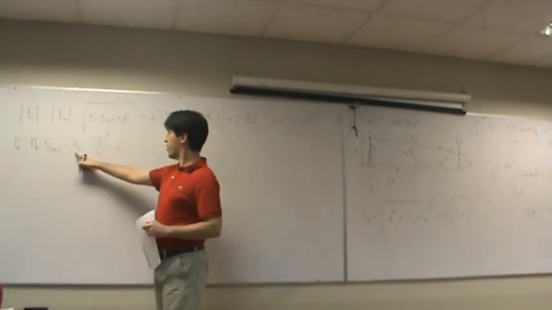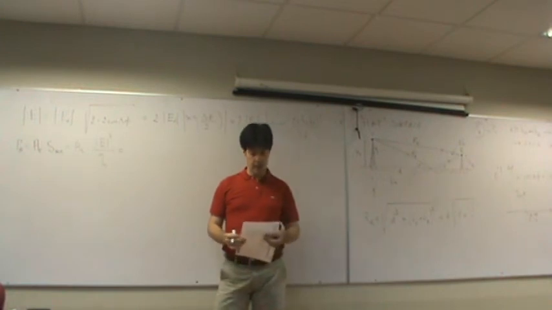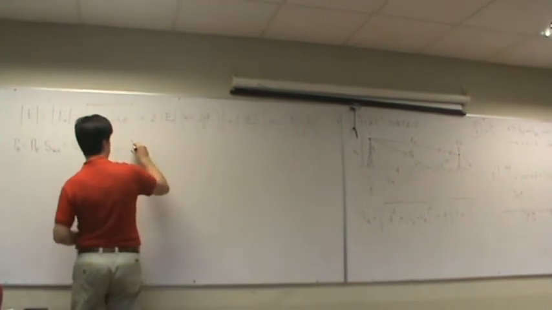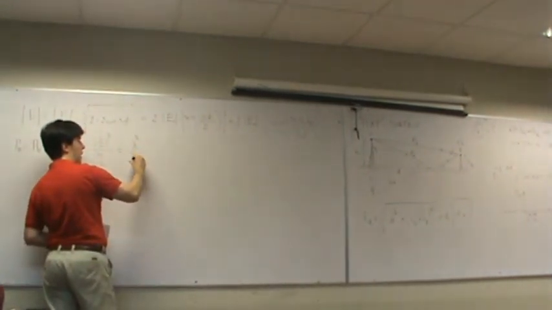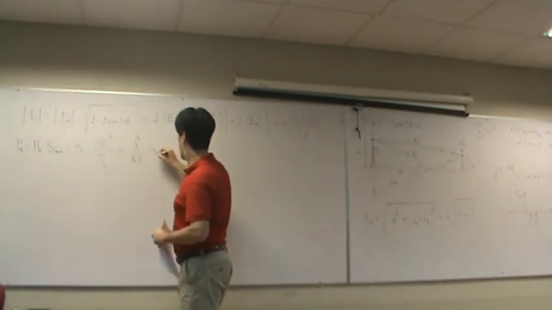So in place of the effective area, we want to use the gain of the receiving antenna, and so we replace it with lambda squared divided by 4 pi times the gain of the receiver.